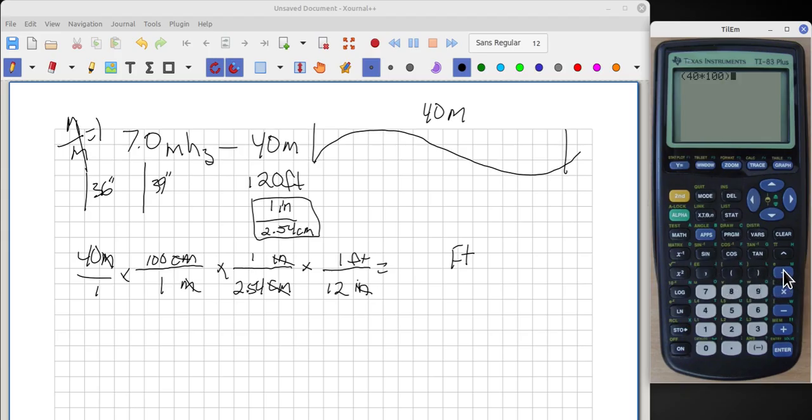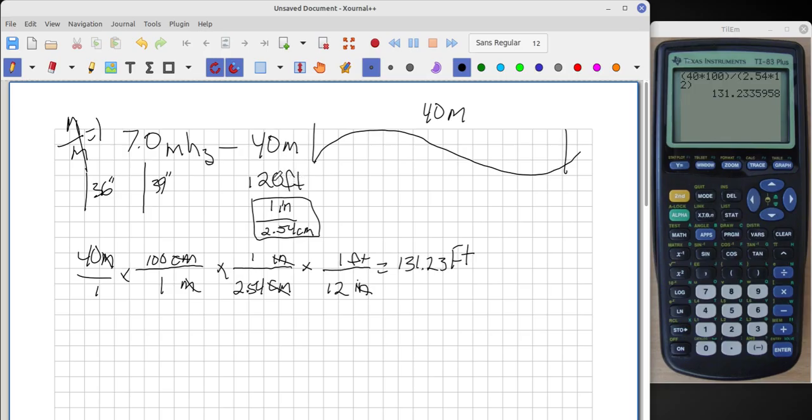That's my top. And we're going to divide it by the bottom. Again, I want to open up a set of parentheses. I've got 1 times anything, we forget that. Okay, so 2.54 times our 12 gives us 131.23 feet.